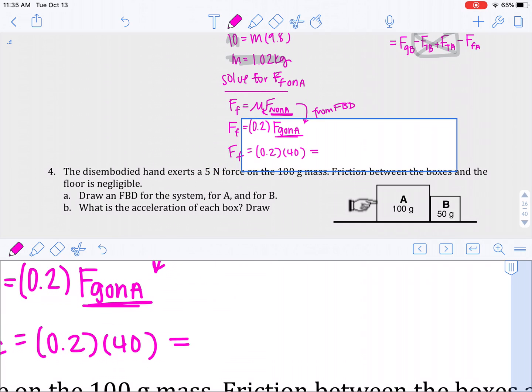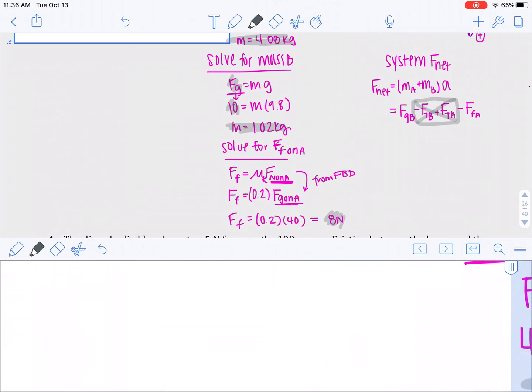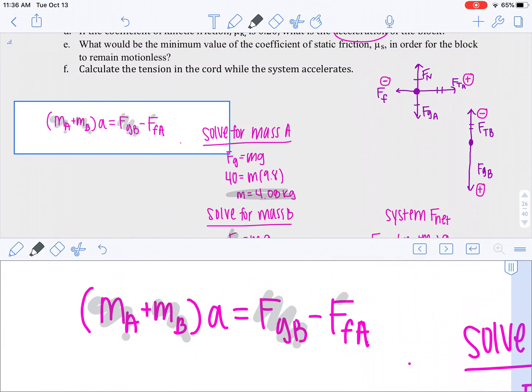And that simplifies to 8 newtons. So now I can plug this value in to my equation up here. And I have all those variables except for A, which is what I want.